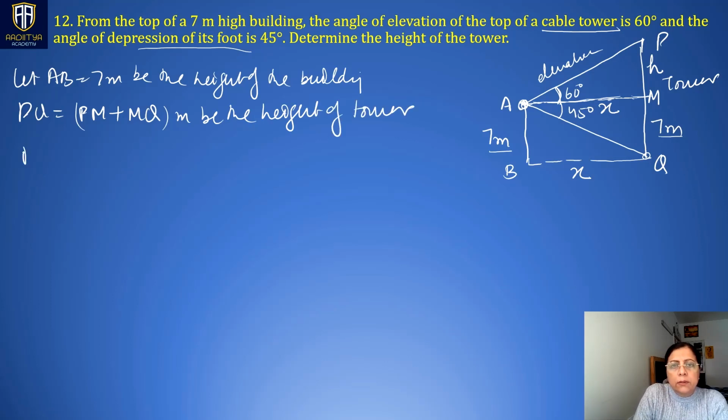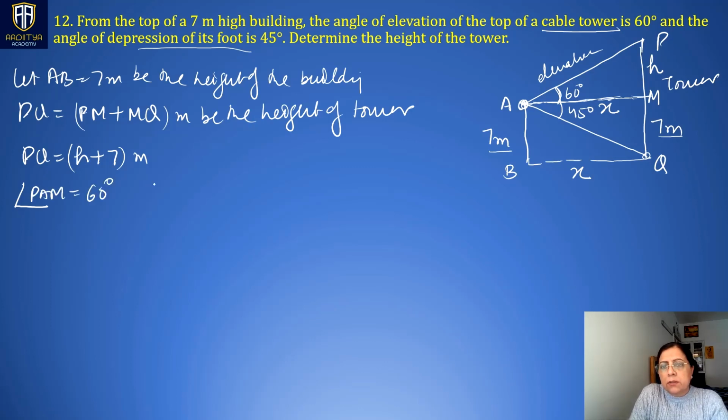So we can assume that PQ is equal to H plus 7 meters. Right? We have to find the value of H so that we can find the total height of the tower. Now, the angle of elevation, angle PAM is 60 degrees, and angle QAM is angle of depression, which is 45 degrees. Right?